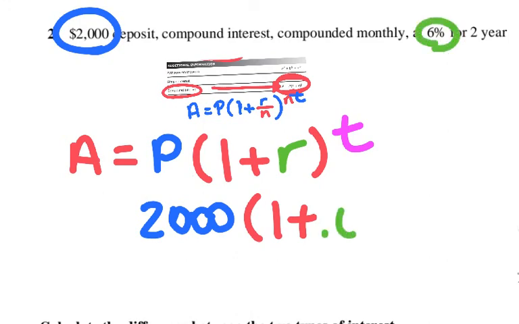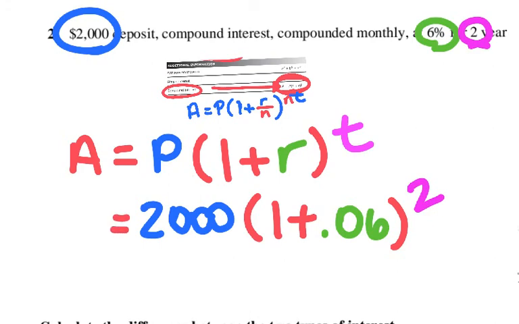Remember, you're going to change that to a decimal. And then you're going to multiply that by the time. And for this problem, the time is 2 years. So you're just going to use a little x2 on your calculator. And go ahead and put that in your calculator and get yourself an answer.